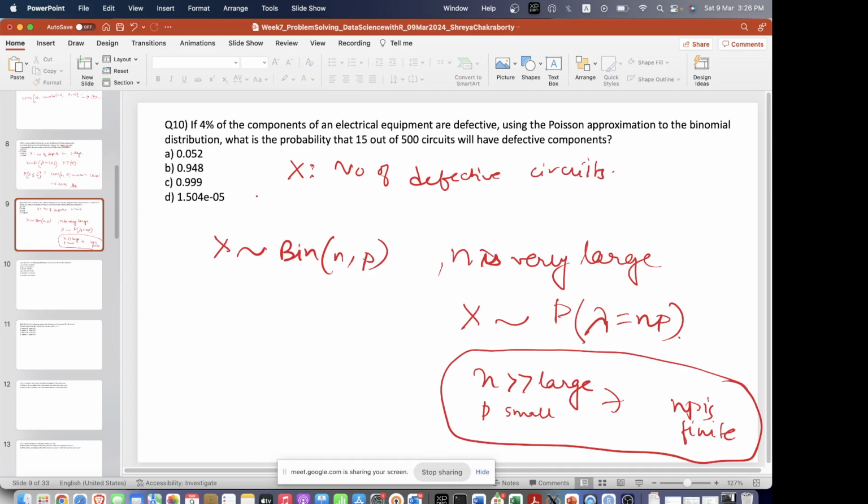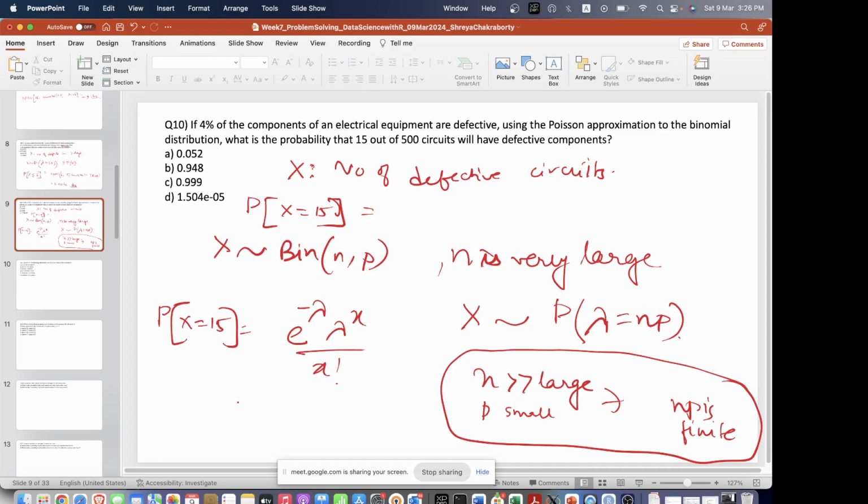So here we have to find out probability X equal to 15. We have to use the Poisson approximation, probability X equal to 15. So this would be e to the power minus lambda, lambda to the power x by x factorial.